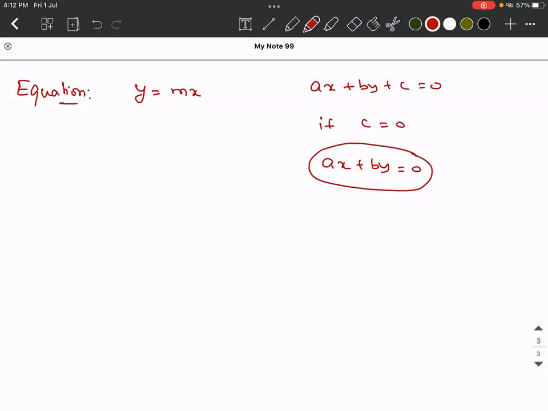There's an important point I want you all to take. Any equation in this world, any equation without a constant added to it will always pass through the origin.